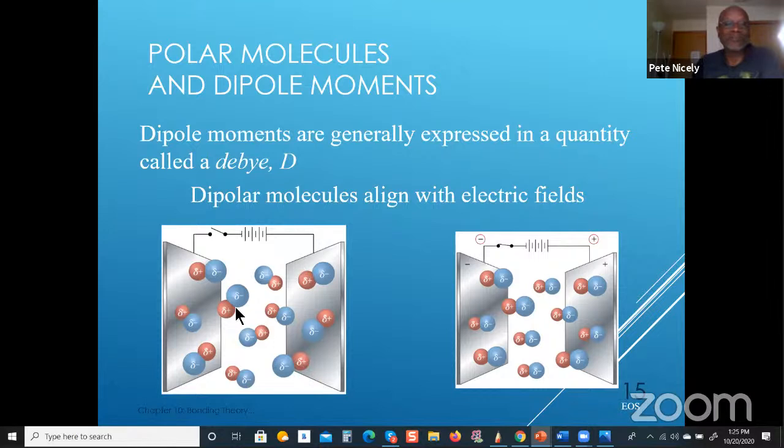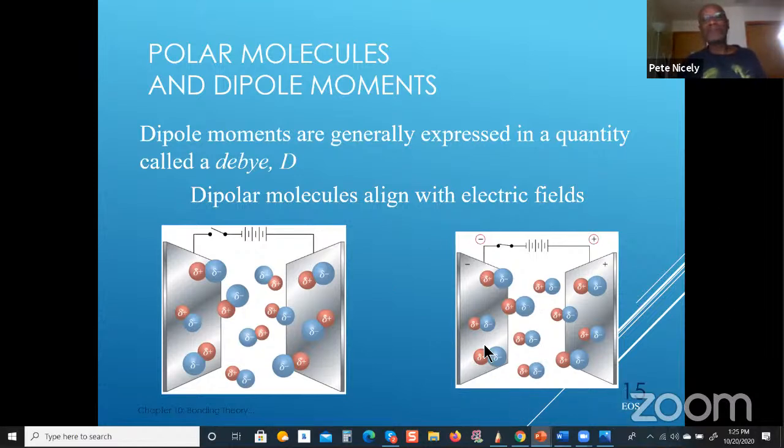Some will be like this, some like that. But when you flip the switch and the electric field is generated, the molecules will align themselves such that the negative end will be pointing towards the cathode, and the positive end will be pointing towards the anode.